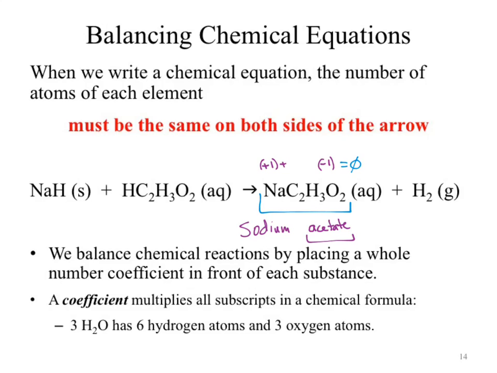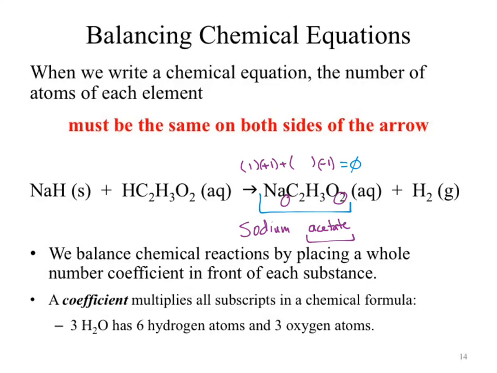Okay. How many sodiums are there? How do you know there's only one? We look at our formula, because we're testing our formula to see if it's correct. It doesn't have a subscript, so we're looking at a 1. How many acetates are present? Why is it not 2?